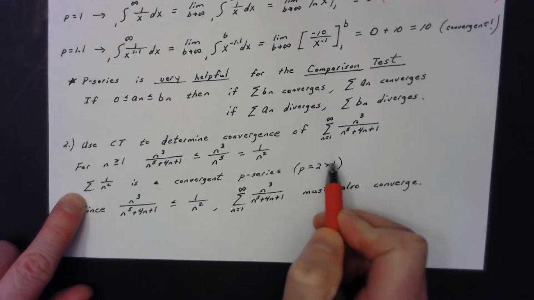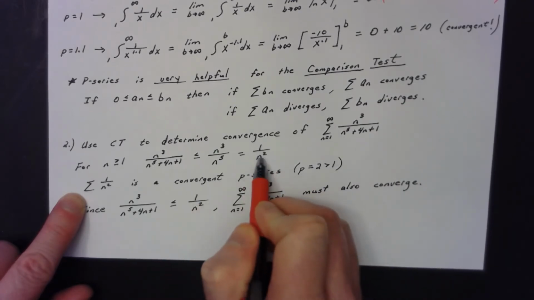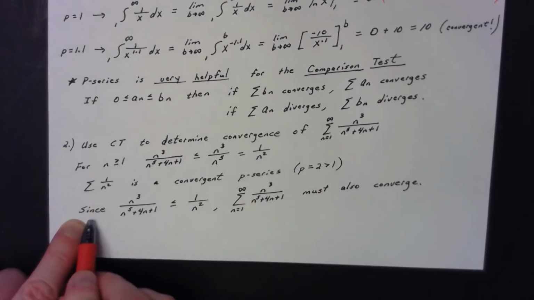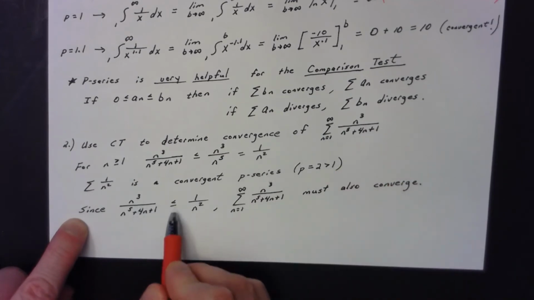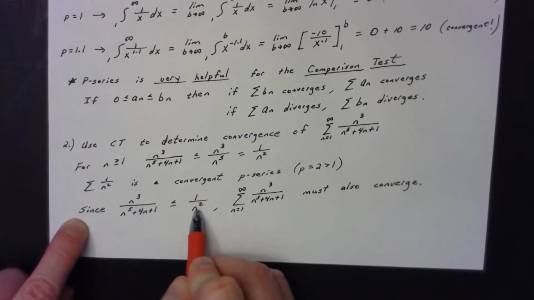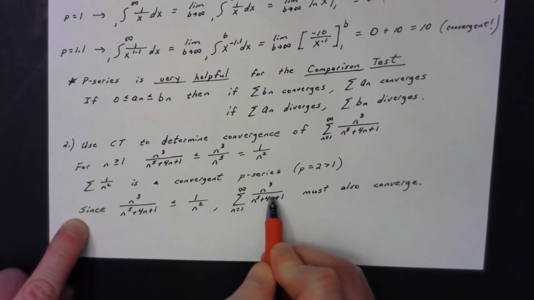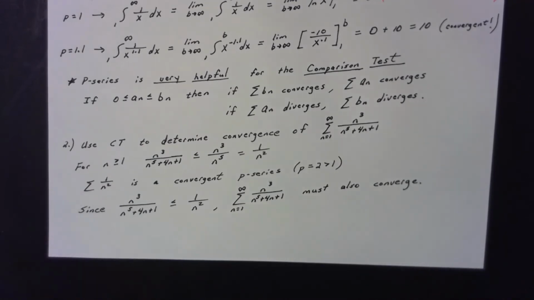Anytime the value of p is greater than 1, it is convergent. So since this is a convergent series, and the general term of the series I'm trying to work with is less than or equal to the general term of a convergent series, then the series that I'm trying to work with must also converge, and that is by the comparison test.